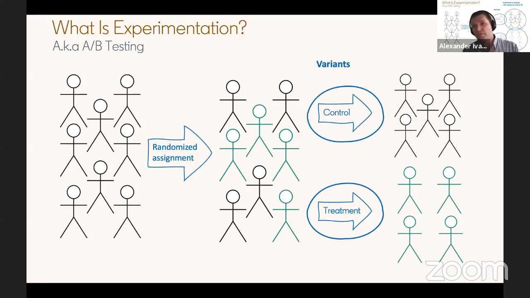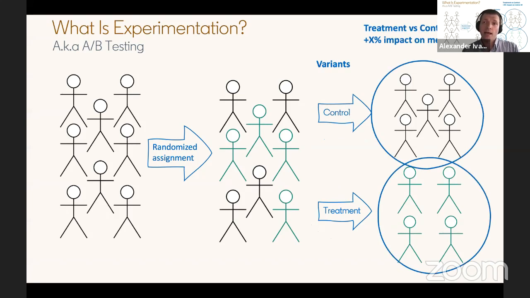Both treatment and control in this case are called the variants of the A/B test. And the general purpose of A/B testing is to measure the impact of treatment compared to control on some metric M. Usually it's measured as some average lift plus X%.